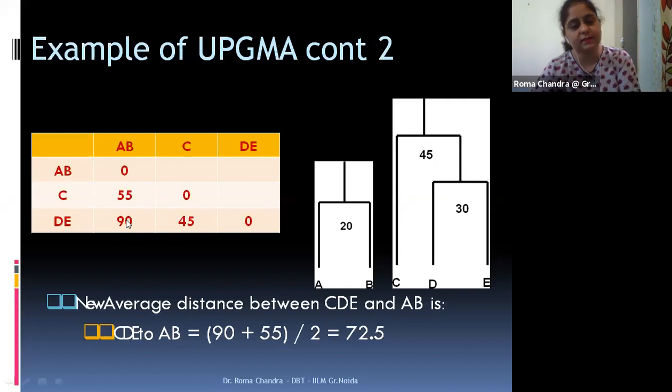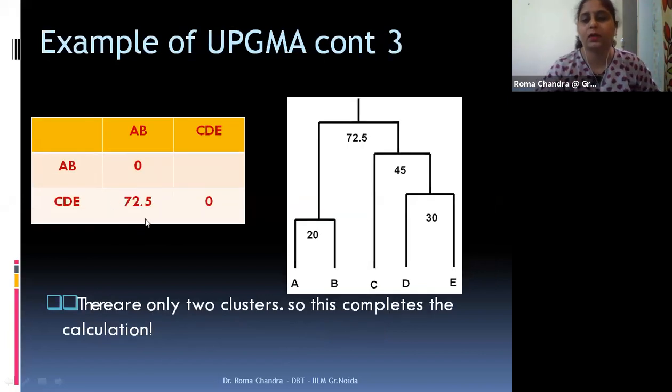The next value is 72.5. If you can see, this 72.5 value is between AB and CDE. This value represents how the AB branch is connected to the CDE branch. The distance is 72.5.